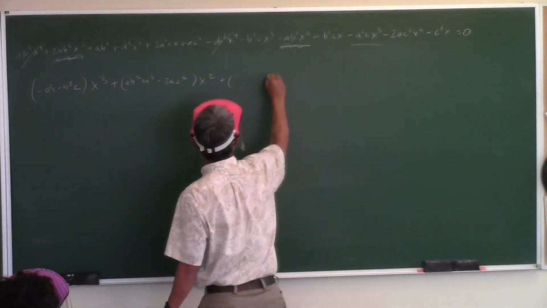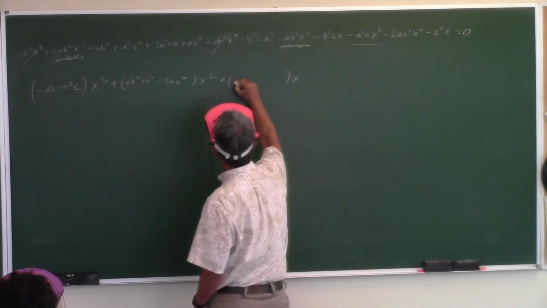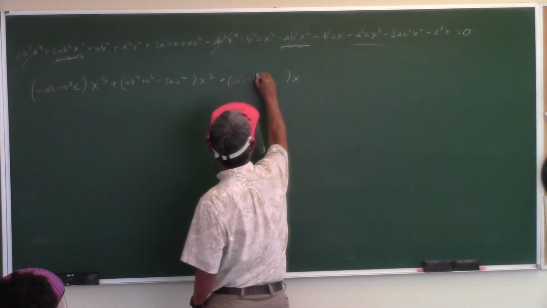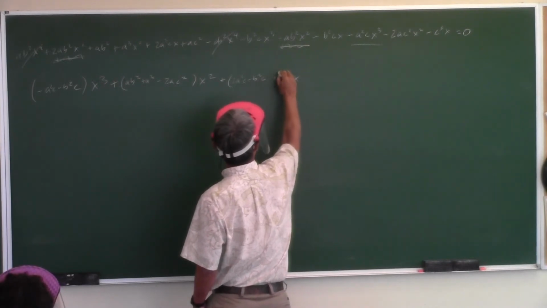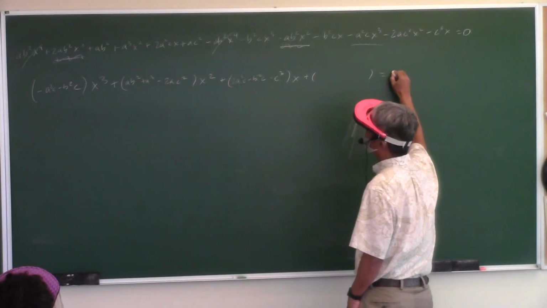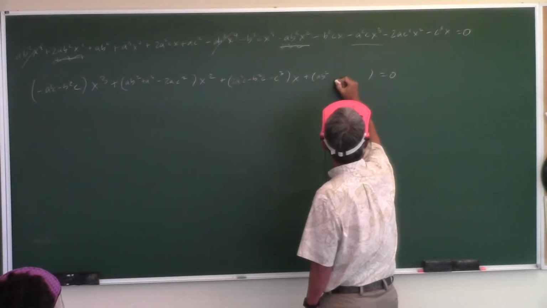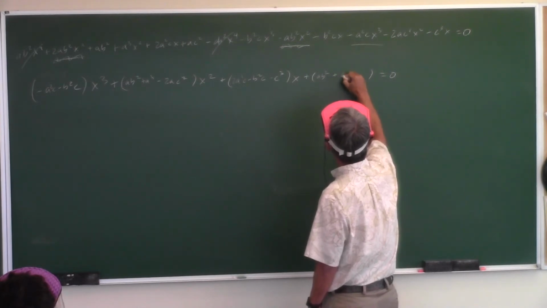Okay, now what about the x term? 2a squared c minus b squared c minus c cubed. That's nuts. And then what about the constants? ab squared plus ac squared.